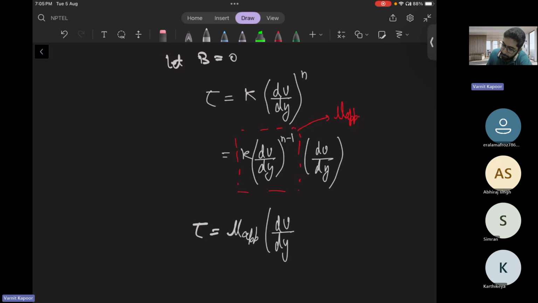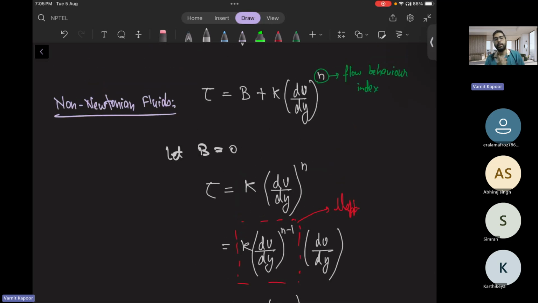Make sure that mu apparent is not the mu of the fluid. It is K times (du by dy) to the power of n minus 1. And B is a constant, just as in y equals mx plus c, that c is the constant. Similarly here B is a constant. We have assumed a case where B is 0.